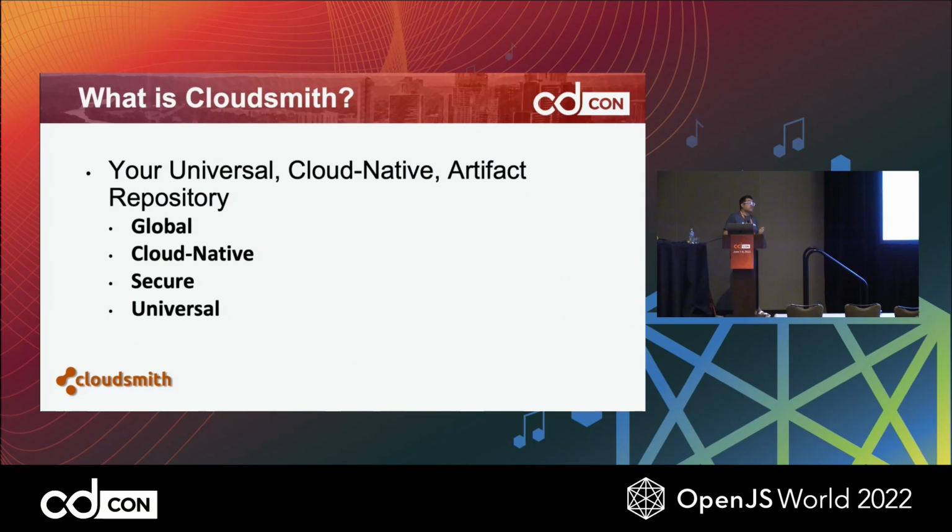We also provide fine-grained access control, and we scan for malware and CVEs for every artifact. And we are universal in that we support over 28 package formats, even all in the same multi-format repository, and we integrate with your existing CI/CD, observability, and security tooling.